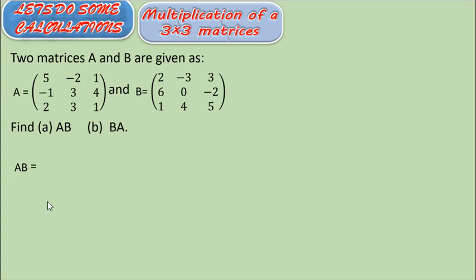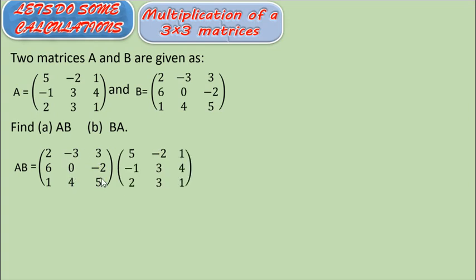So now let's start. AB means I'm going to multiply the first matrix by the second matrix. So this is A, and I'm going to multiply A by the matrix B. That gives me AB. Now, how do we carry out this multiplication?